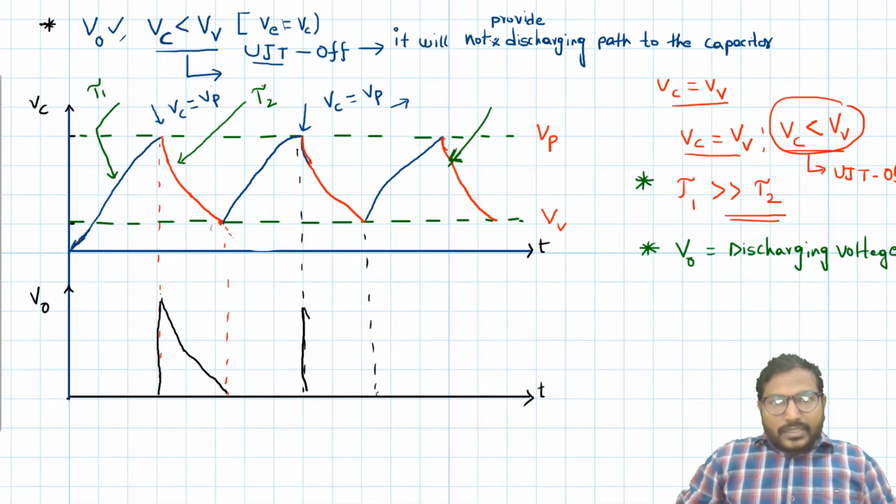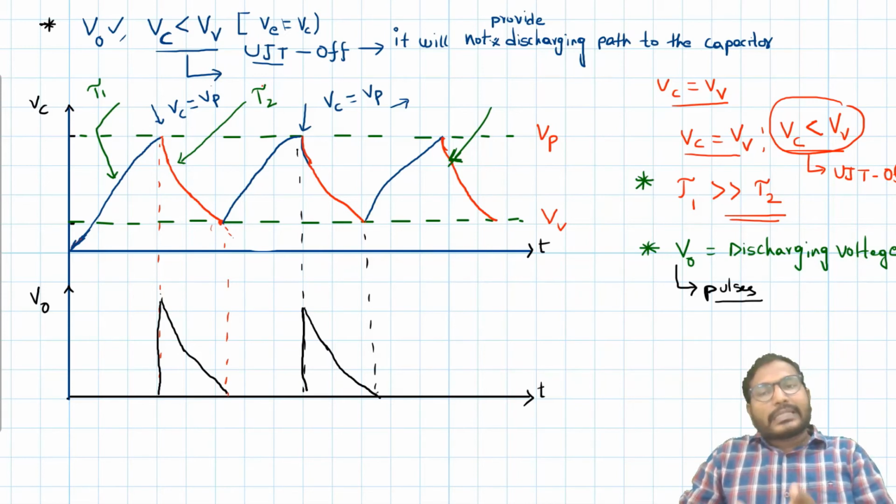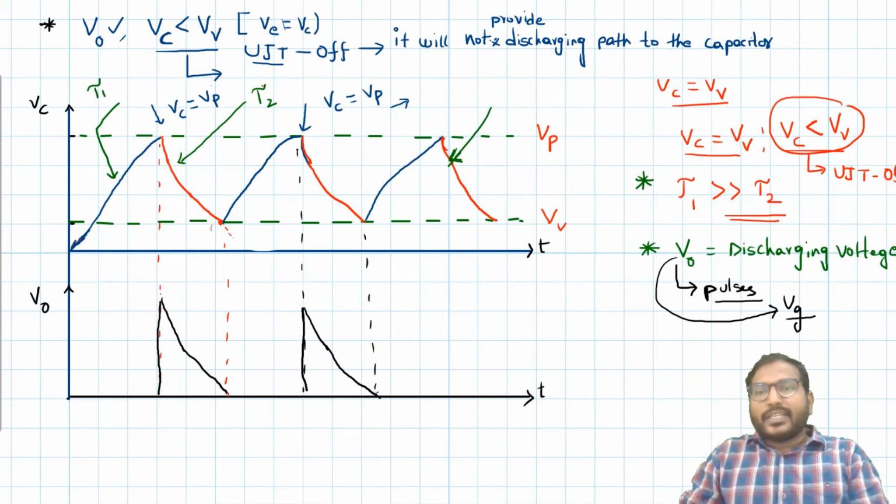The same discharging voltage appears across R1. Now this is the V0 voltage pulse, V0 appearing as pulses. This voltage exists across R1, and the same V0 acts as VG to turn on the SCR, or to trigger the SCR.